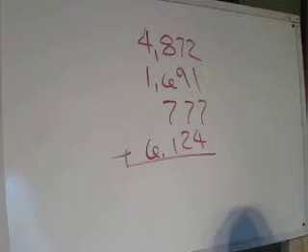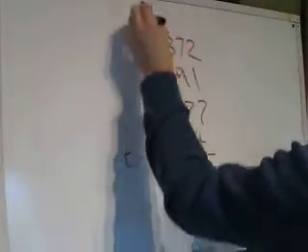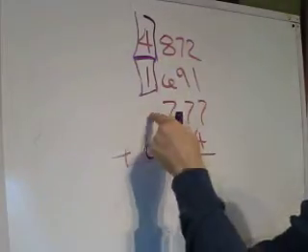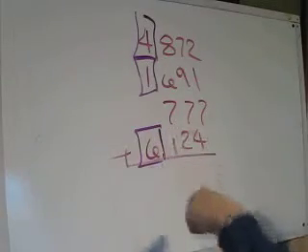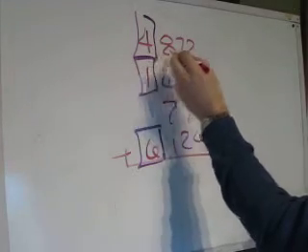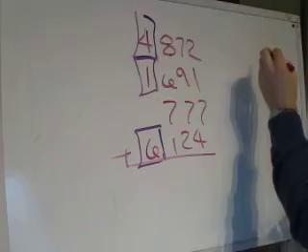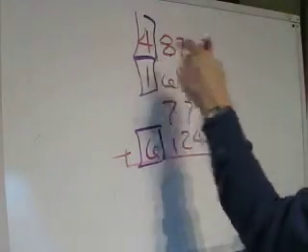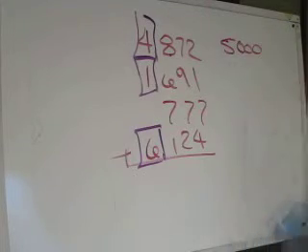So if I am, in this example, estimating the answer by rounding each number to the nearest thousands, this is in the thousands position. So that's what I'm rounding to. So let's go ahead and round that. I've got my 4, this is an 8, it's 5 or greater, so this 8 is going to change this 4 to a 5, and then remember, you put everything else in zeros.